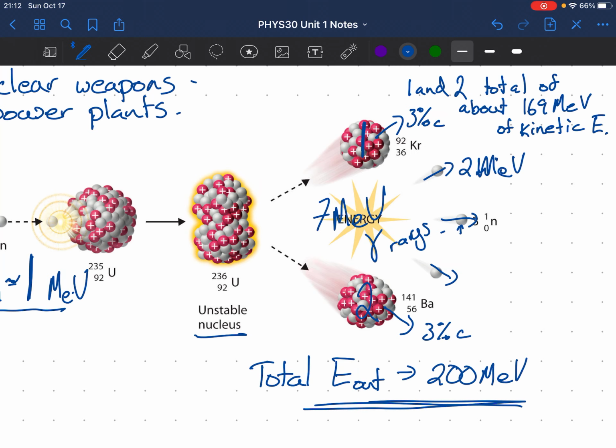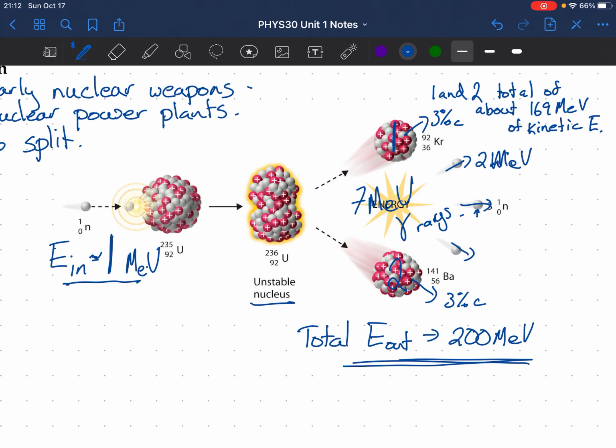So kinetic energy of these guys. So these neutrons would have even more energy than just the 2 mega electron volts. Okay, so that's what happens.